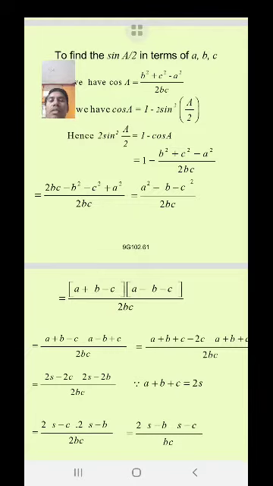And if we write it in factor form, we can write it as (a plus b minus c) into (a minus b minus c), all divided by 2bc.